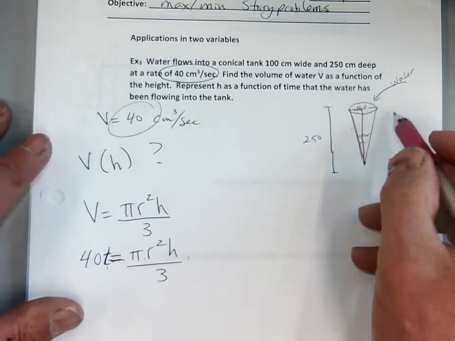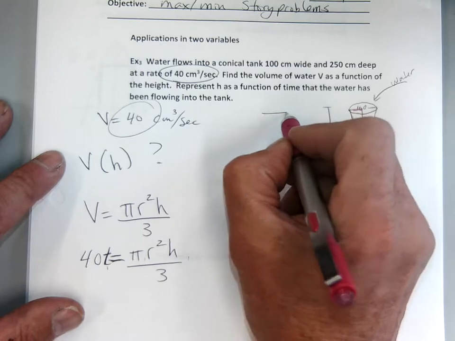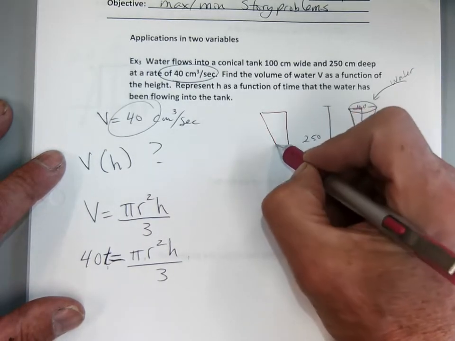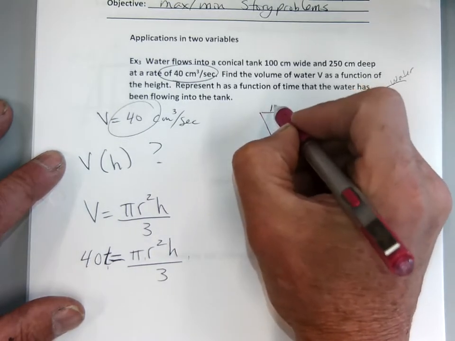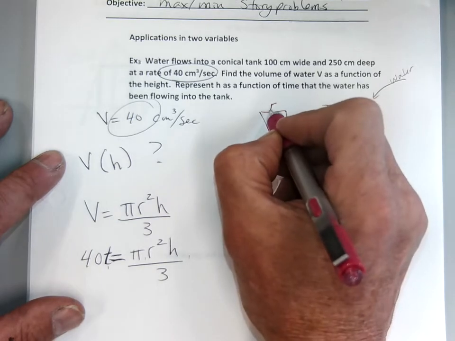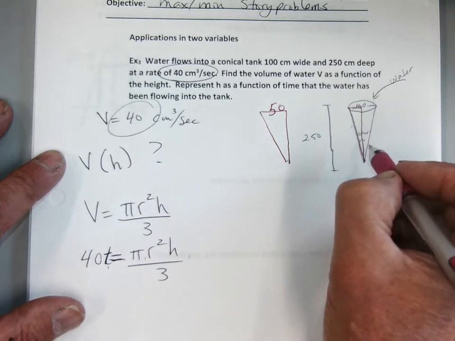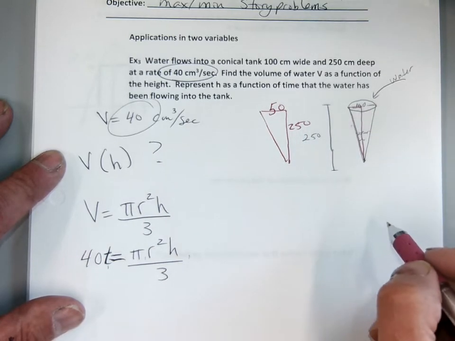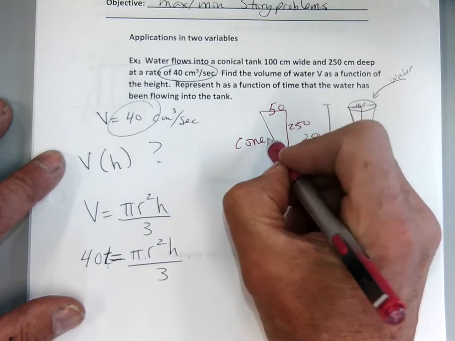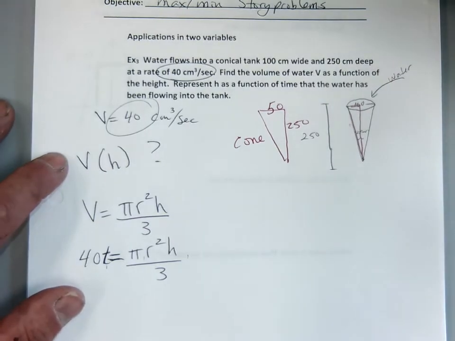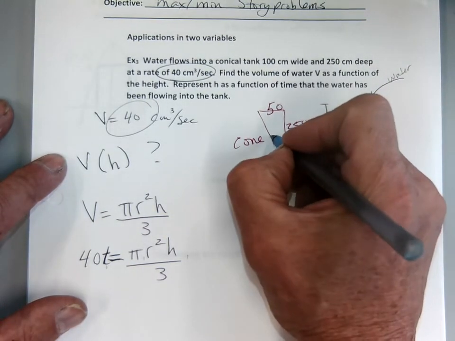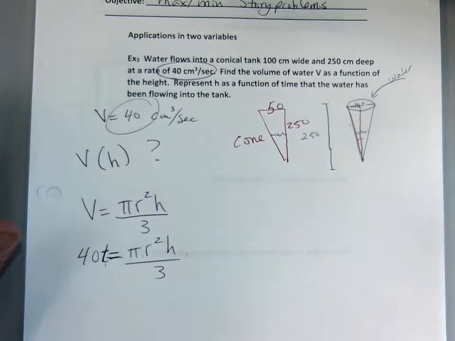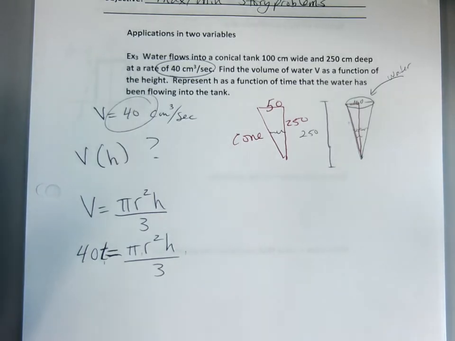So what we have is a similar triangle that is 50 by 250 for the cone. This is the cone. And the water, I need blue to make it look really good. So I got a blue pen.